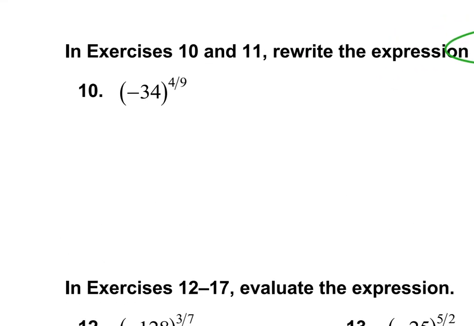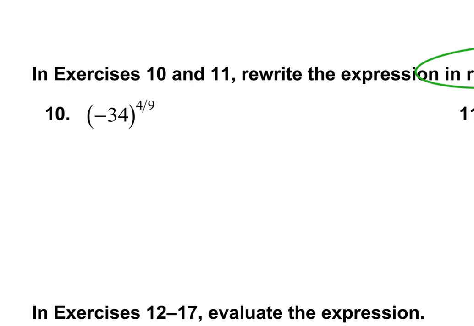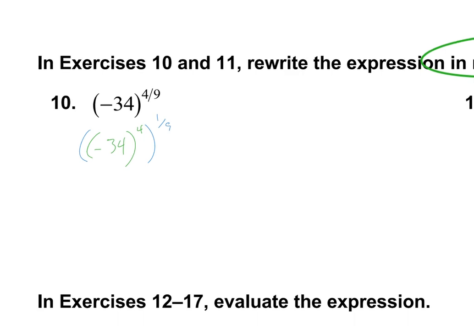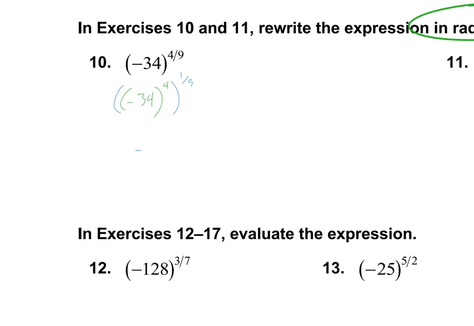So there's a couple different answers we could do, and I will attempt to do both. So -34 is being raised to the 4th power, which is also being raised to the 1/9 power. So you have this as an option. You could have -34 to the 4th power inside of a 9th root.